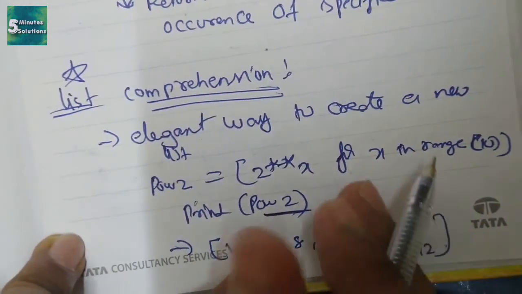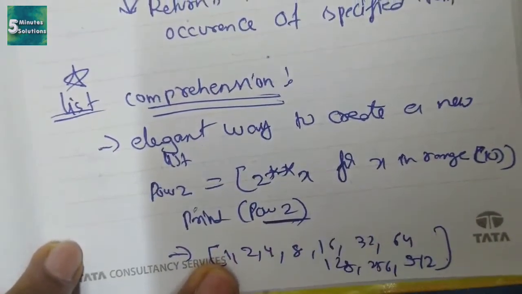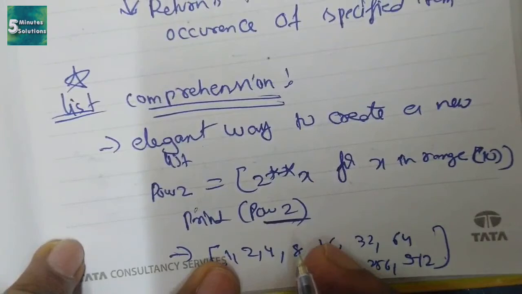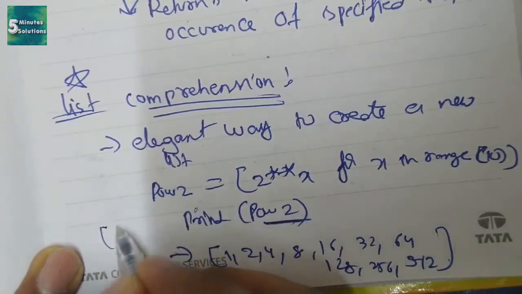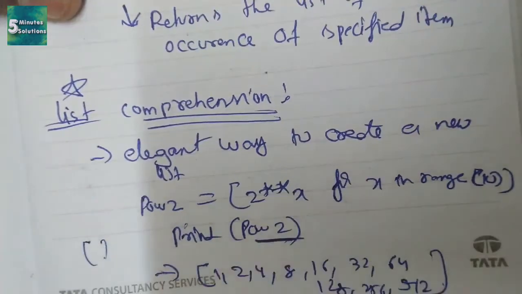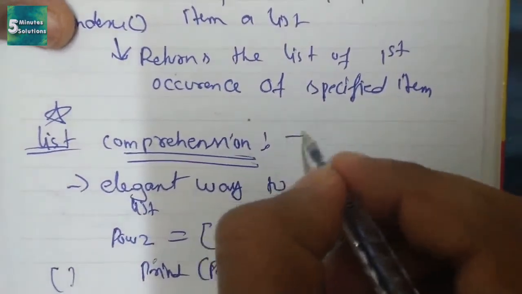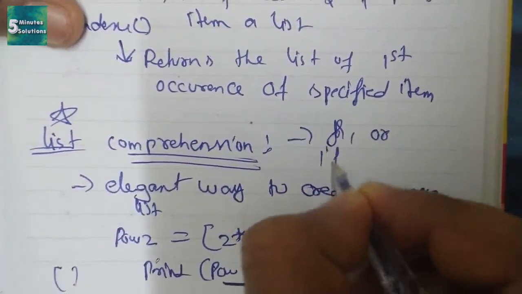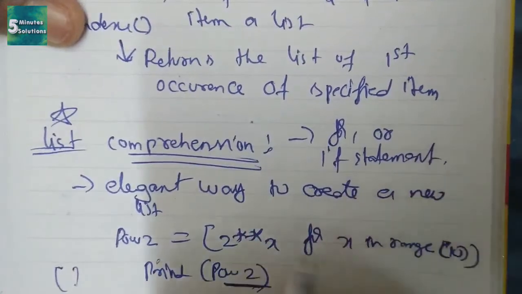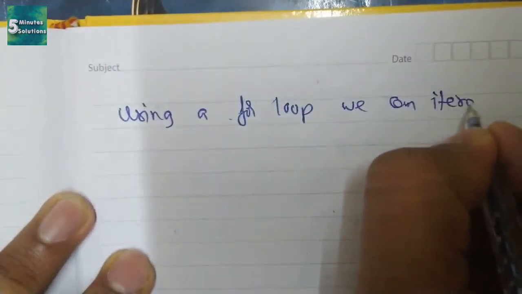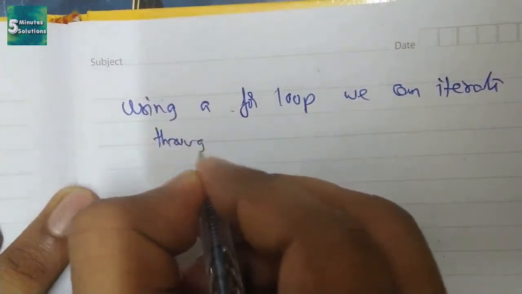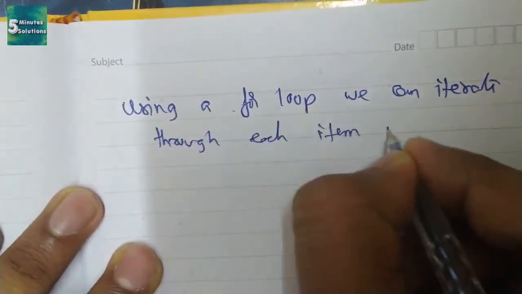In list comprehension we use square brackets. You write a statement inside the square brackets. Normally a list comprehension contains for or if statements. By using a for loop we can iterate through each item in a list.